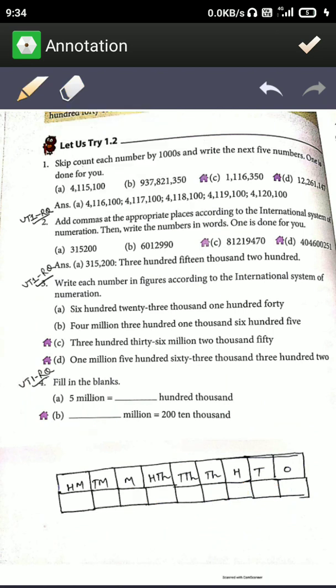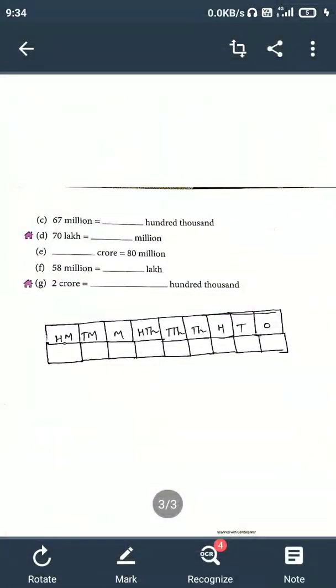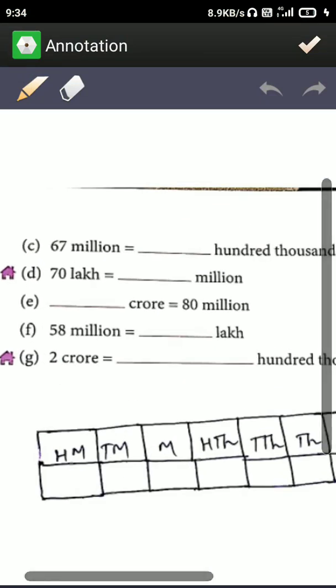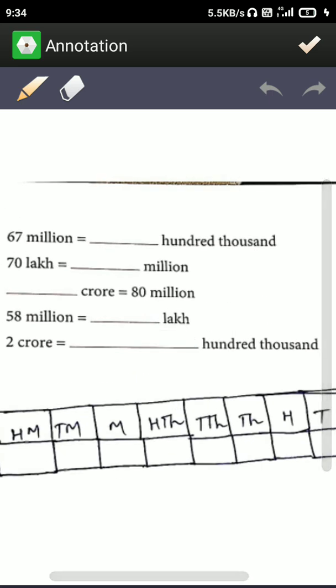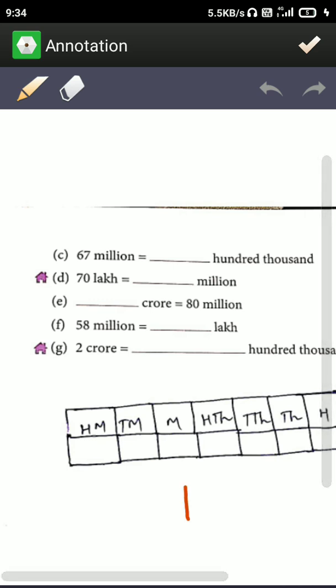So let's go to our next, fourth C. Here 67 million is equal to how many 100,000? Again we will do the same thing. Here it is millions ones place, millions tens place, millions hundreds place.